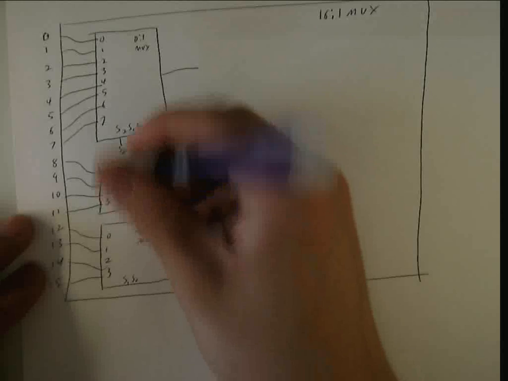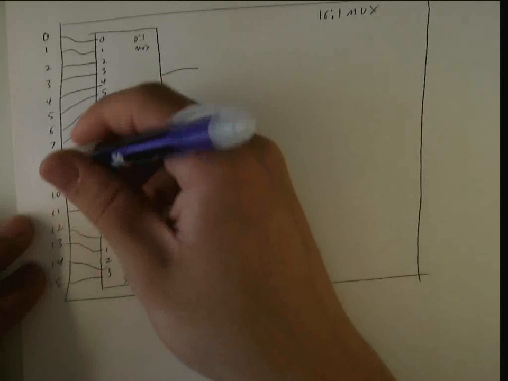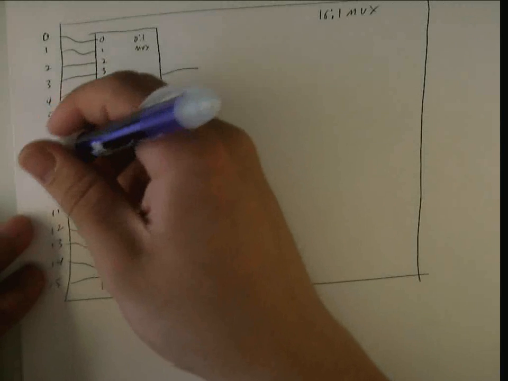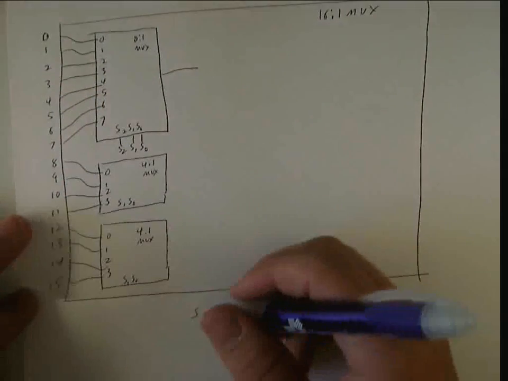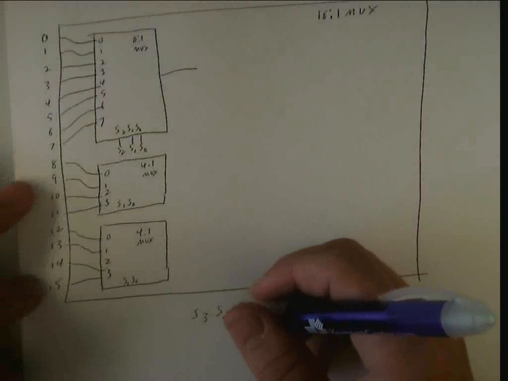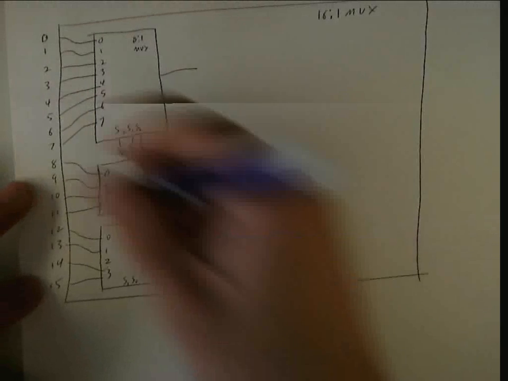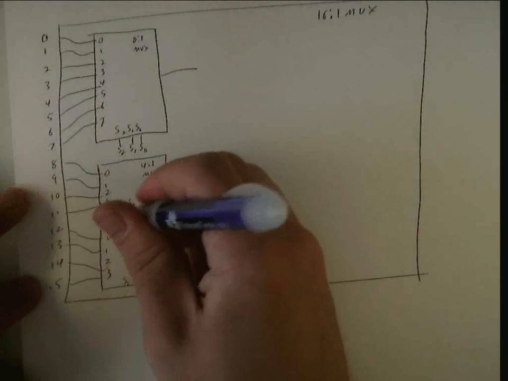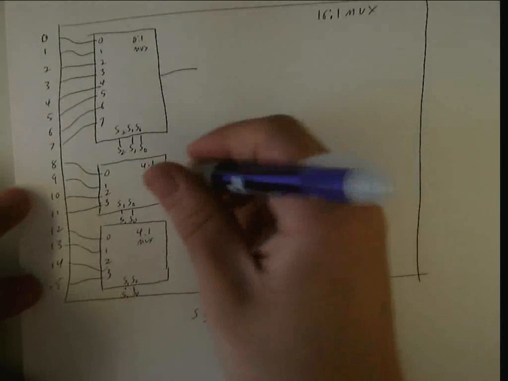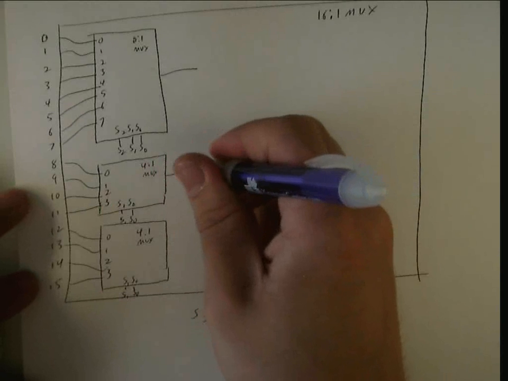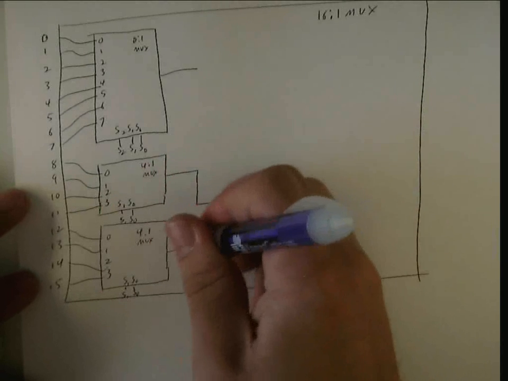And here, 8, 9, 10, 11 all share a 1, 0 to start their minterms, and these all start with 1, 1. So I'm going to eventually want to distinguish these two by their S2s, but each of these can be selected from S1, S0, S1, S0, and I'm going to want to take this output and put it into a 2:1 mux.